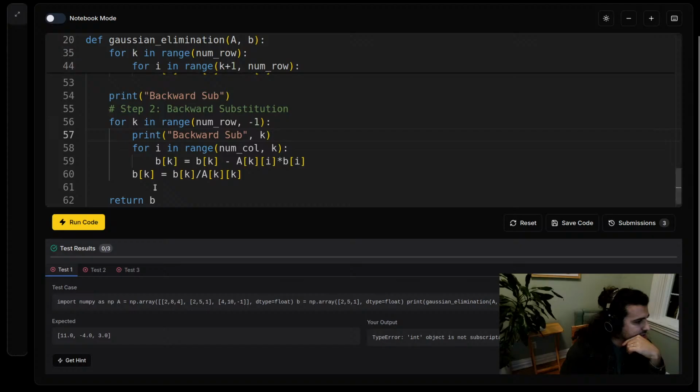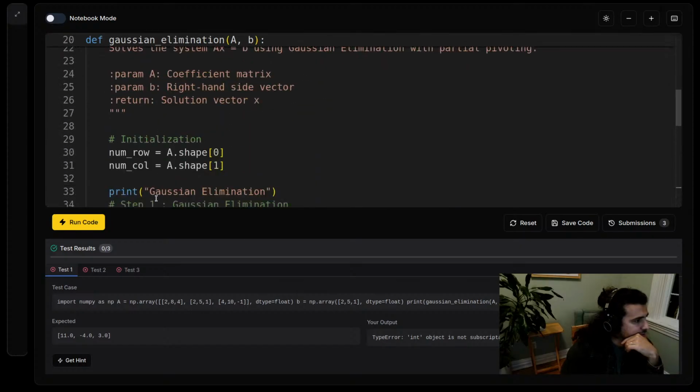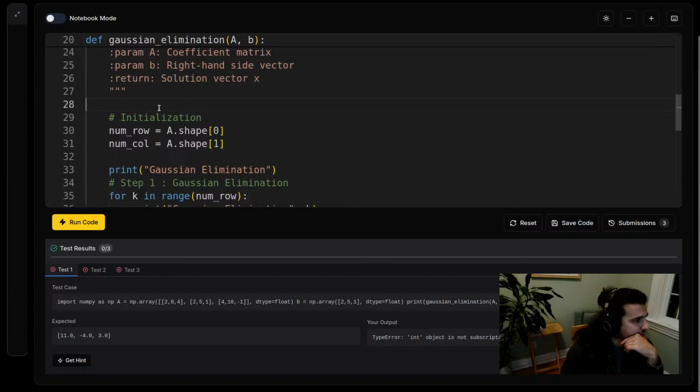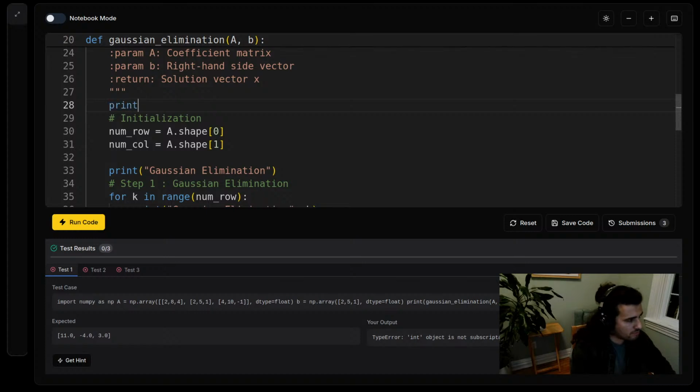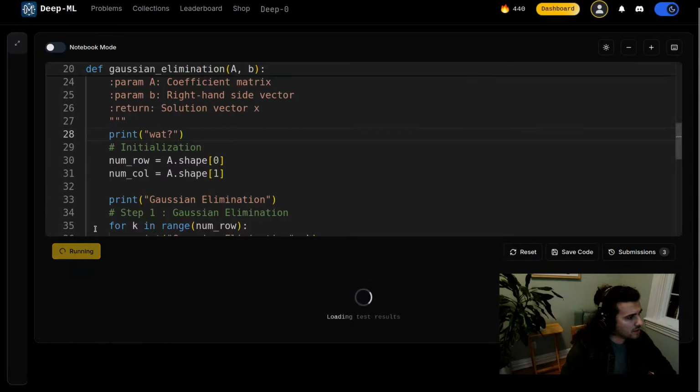I'm getting absolutely no output here whatsoever. I'm not even starting. Is this it? What the heck is going on?